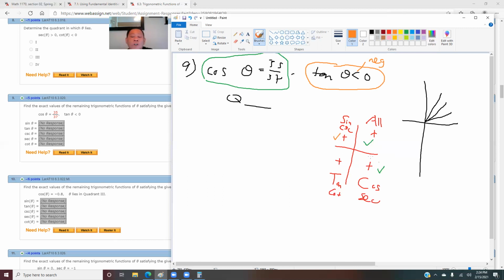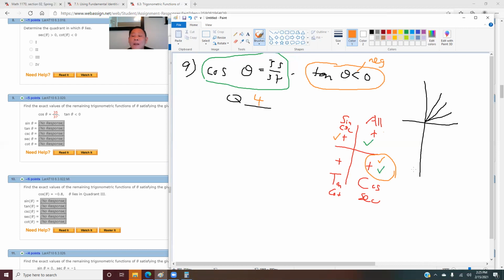So which one of these has both of them? You find out this has 2 checkpoints, right? Yes. That means quadrant 4. So it has to have 2 checkpoints in order to figure it out.